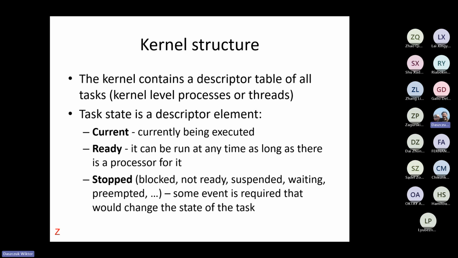So a running process or running task has its registers in the physical registers of the processor. Ready has everything needed to run except the processor. So we can run it every time the processor becomes free. It is ready.